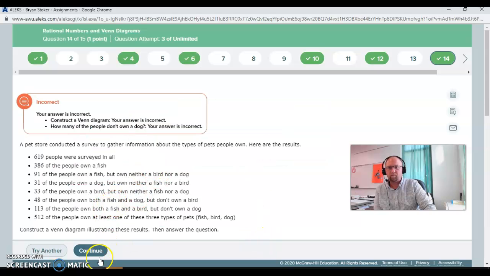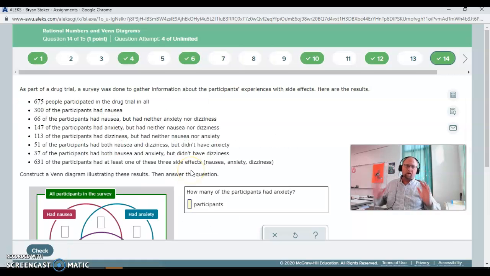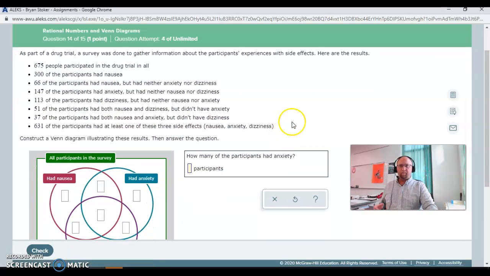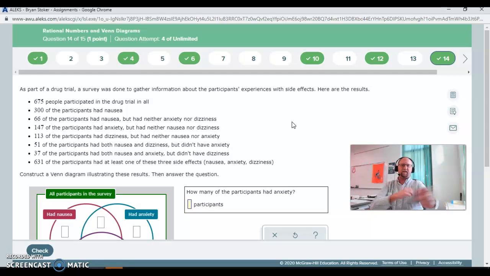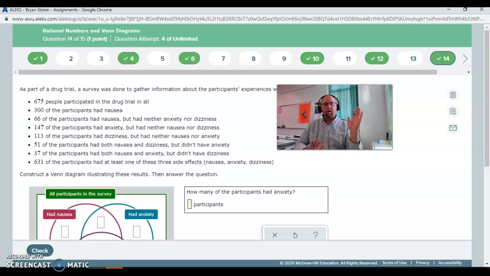I'm going to miss this on purpose so I can try another one. Sorry that took a minute, but here's the deal. This is a tough problem, and it takes a while. Hit pause real quick, read everything.